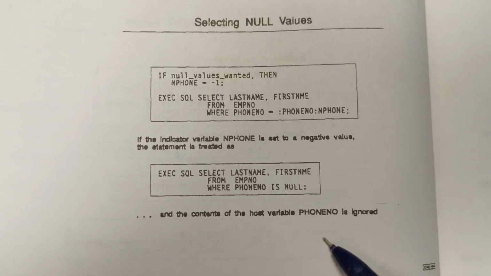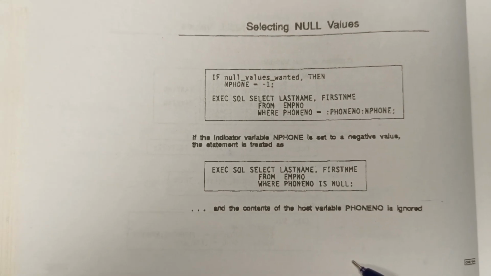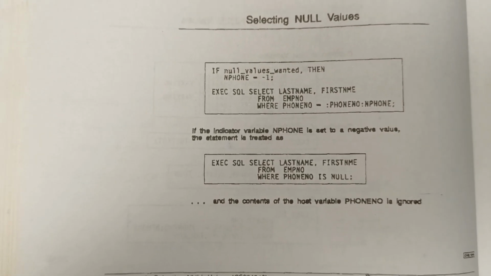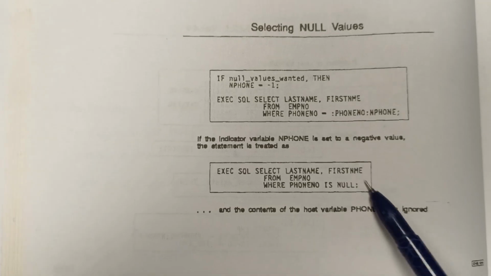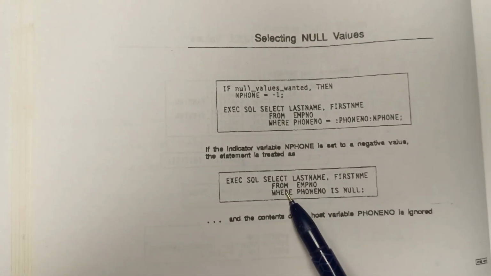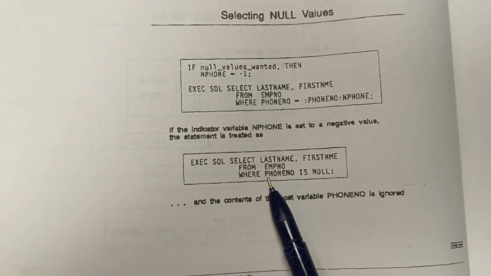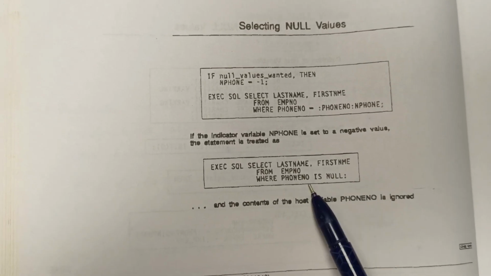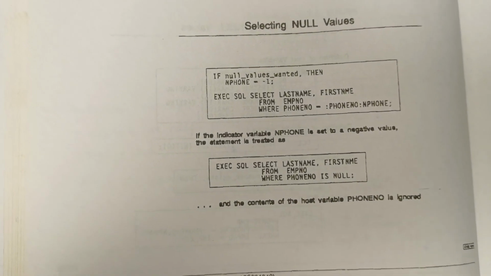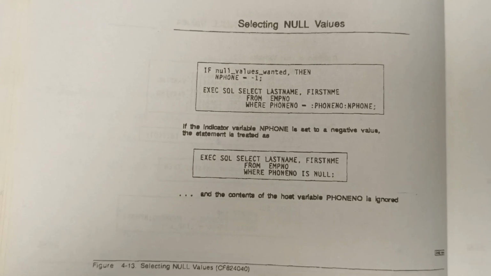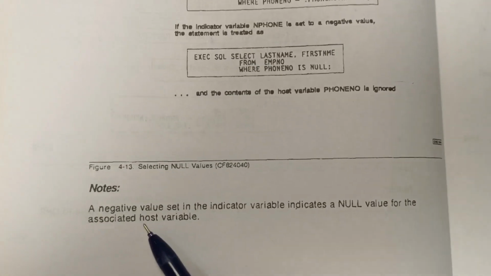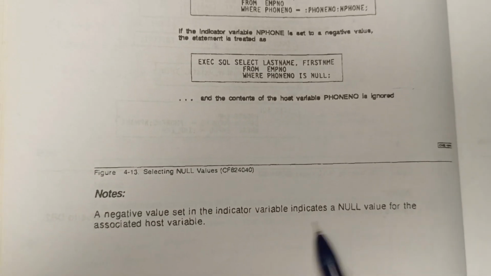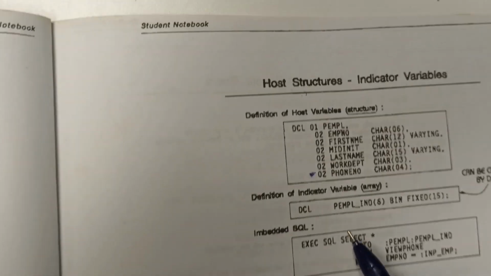Consider that if the table has 100 phone numbers, I want to fetch how many phone numbers have null values. At that time, we can simply give in the where condition: phone number is null. So we can see how many phone numbers have null values in the table. Here the negative value in the indicator field means the associated host variable contains the null value.